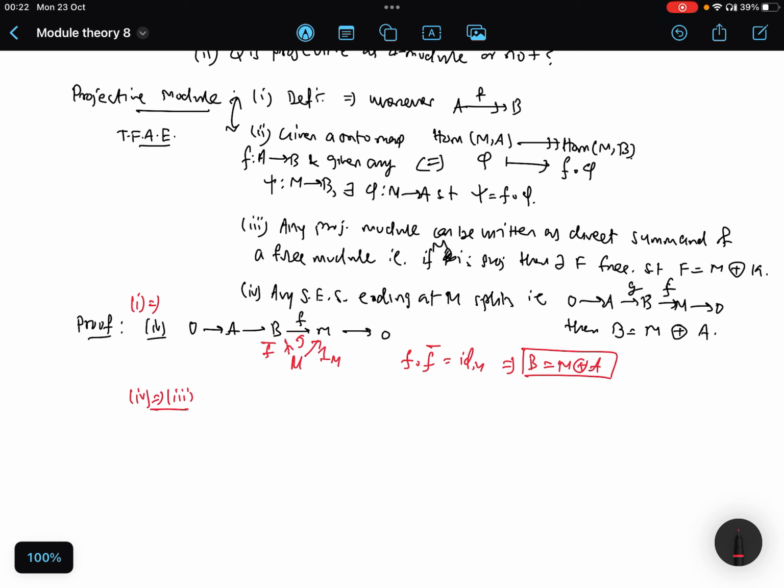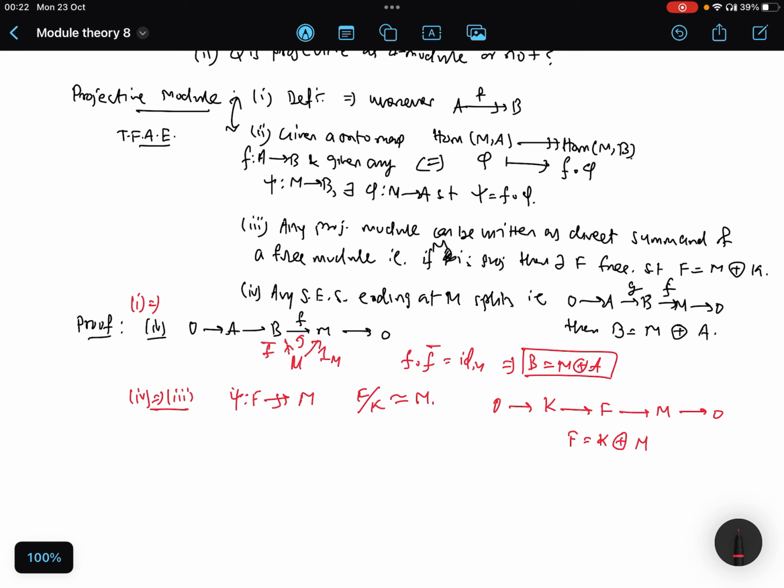So given any module M, you get a surjective map from some free module F to M. This is the obvious surjection, and if you write K as the kernel of this map, then F over K is isomorphic to M, right? And so readily we get a short exact sequence from 0 to K. This is the inclusion from K to F, and you have the projection, right? And because M is projective, you get that F is a direct sum of M and K. That is what three says.